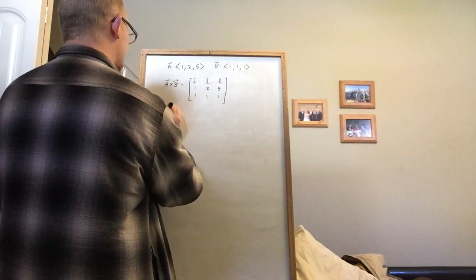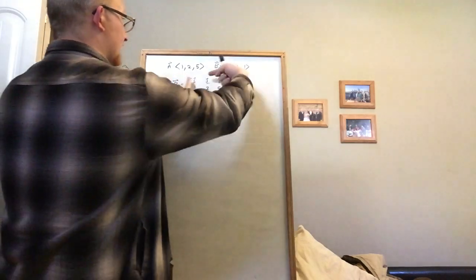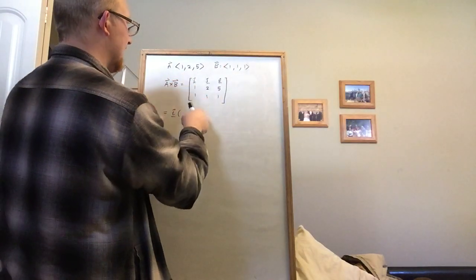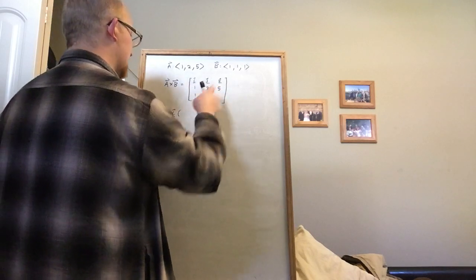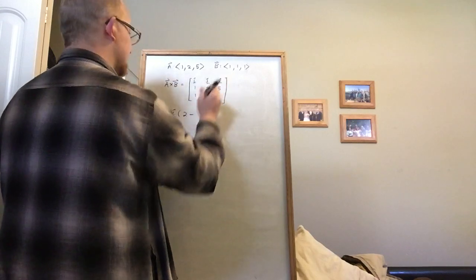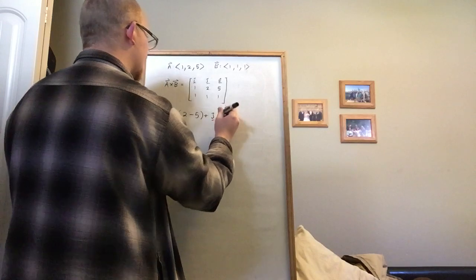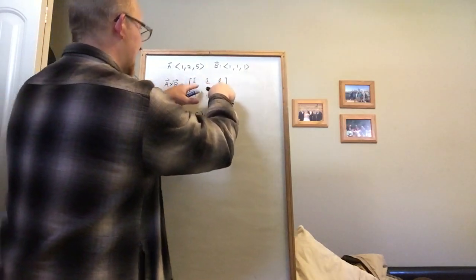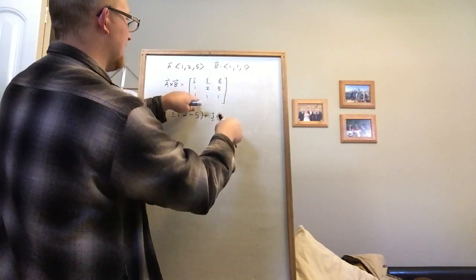But for the I part, so I'm going to write the I here. For the I part, I'm going to cover out the rows and columns that intersect with I, and I'm going to say I is equal to 2 times 1 minus 1 times 5. So 2 times 1, which is 2, minus 1 times 5, which is 5, plus the J component, which is 5 times 1, so we're following the pattern of going down and to the right, but because we run out of room here, we pop out over here.